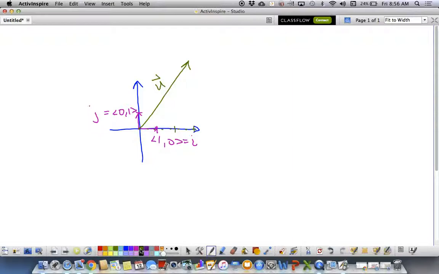So that would be 3I, 3 times I, 3 units over. We've gone up 1, 2, 3, 4. So this distance from here to here is 4 times J.